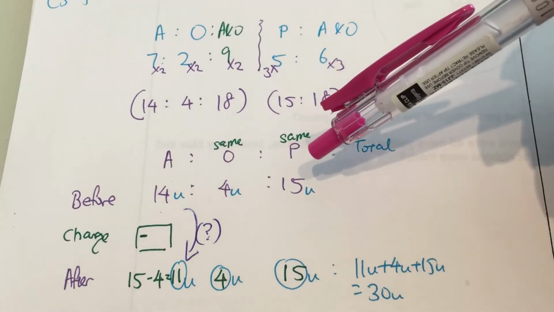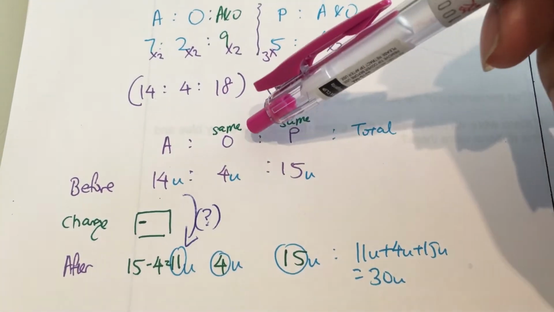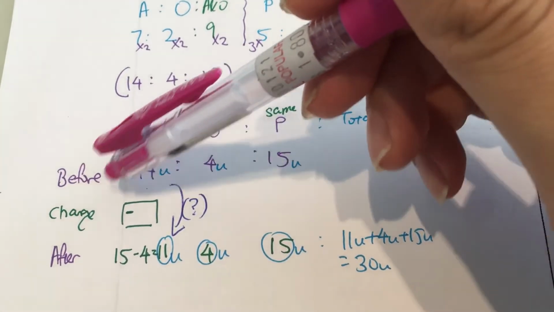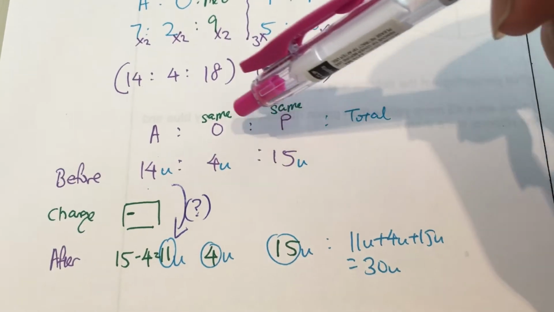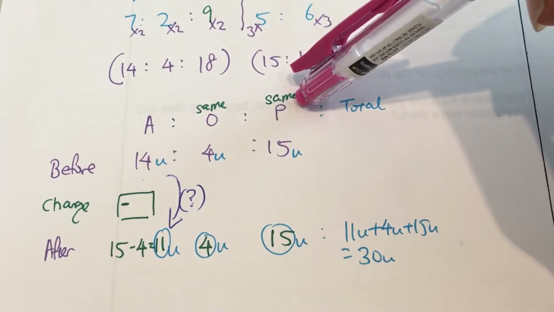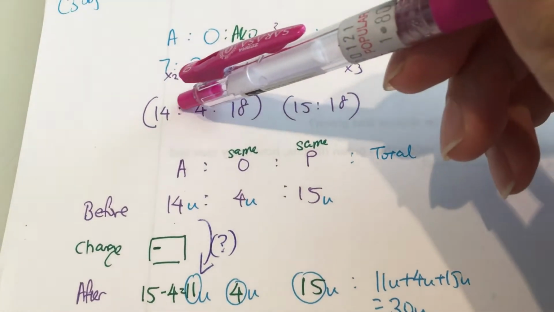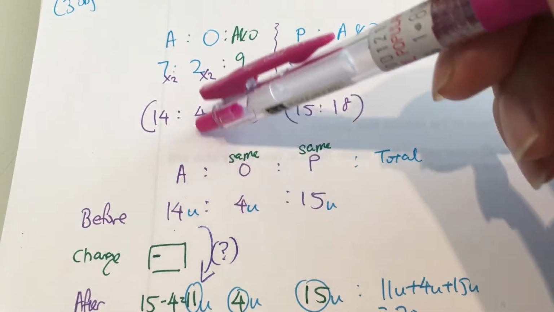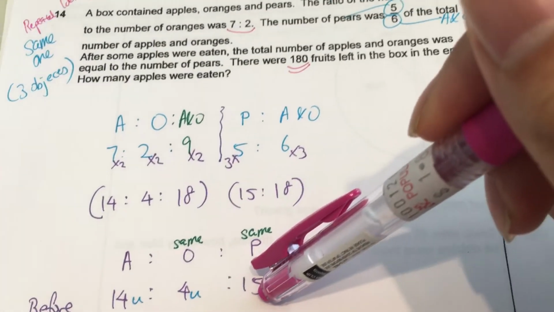So we have A is to O is to P, and I always like to put before, change, after to make it neat, and I put same here to remind me that there's no change for oranges and pears. Yeah, so we have 14 is to 4 is to 15 from here.